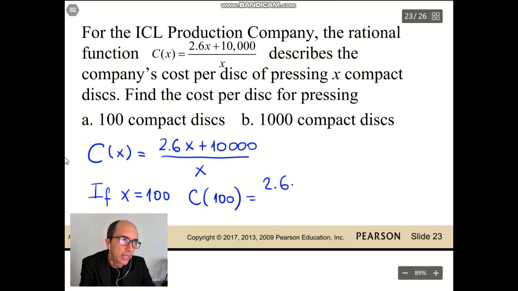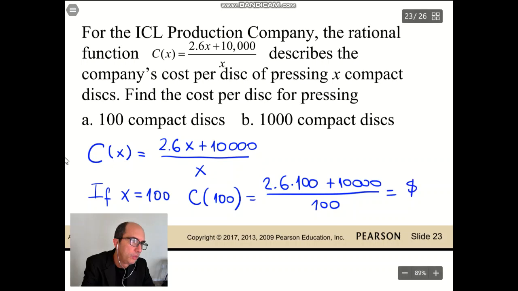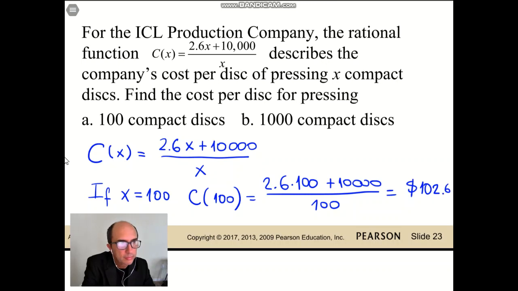Equals 2.6 times 100 plus 10,000 over 100. If we use the calculator and make all the calculations, the result is going to be 102.6. This is the cost if you press 100 compact discs.